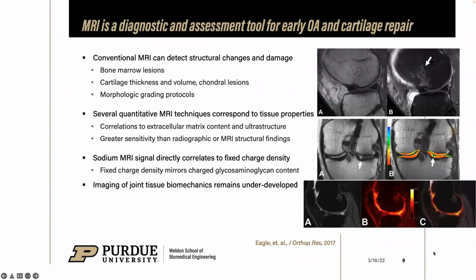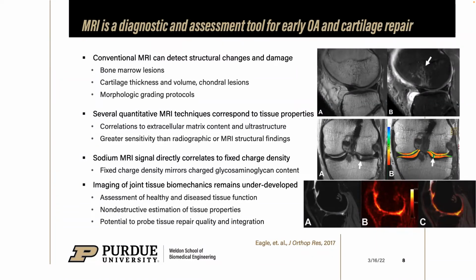And then finally, going into the field that I'm in is ways to image joint tissue biomechanics using imaging, right? And admittedly, it's sort of underdeveloped, although it's not impossible. And so I'm going to talk about some of that work today, but I think it's important to recognize that it needs more work and more development, because you're able to assess both healthy and diseased tissue function and not just the content.